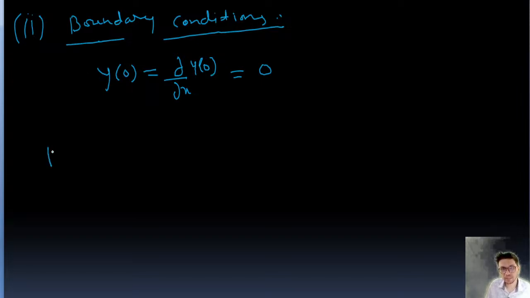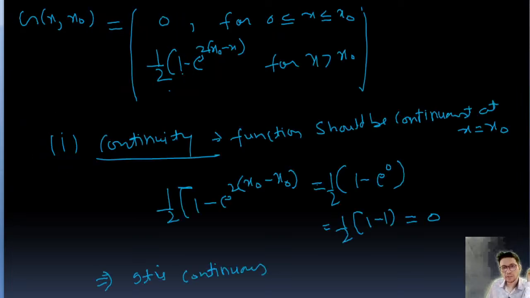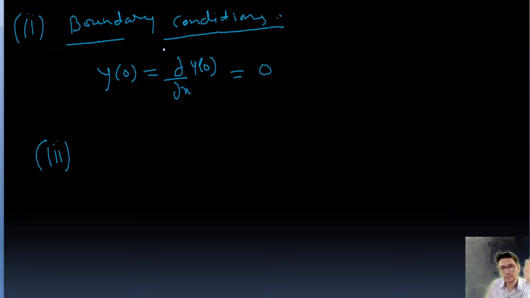Now the third is the most important point, guys, because for most of the options you will see that continuity and the boundary condition will be satisfied. With the third we will be able to check whether that is the correct option or not.